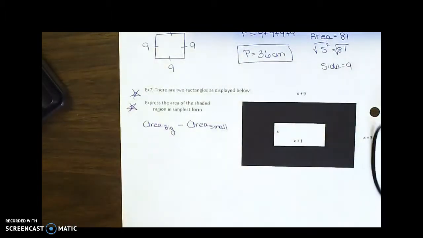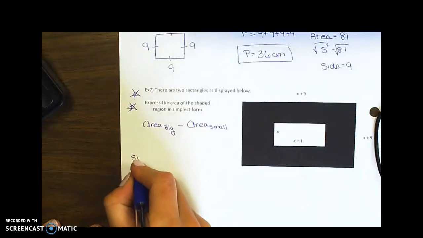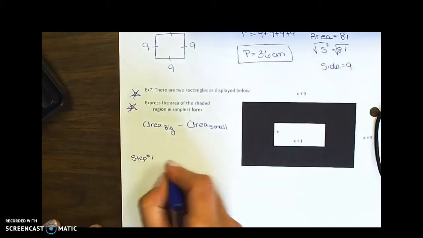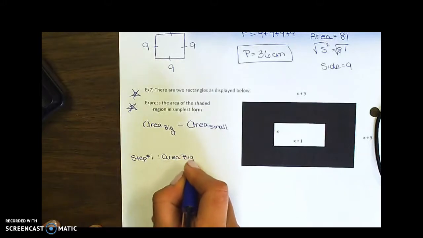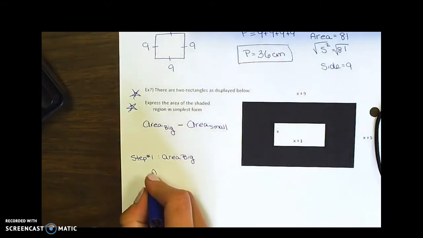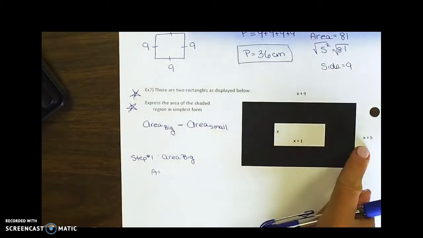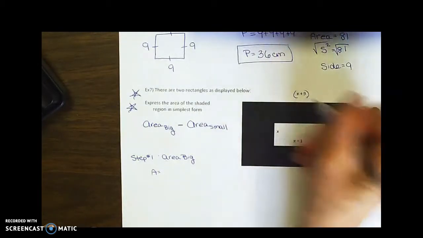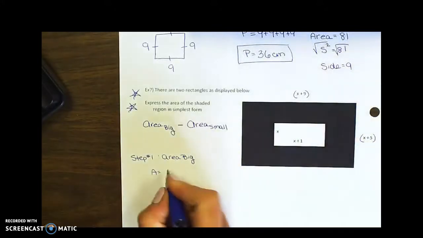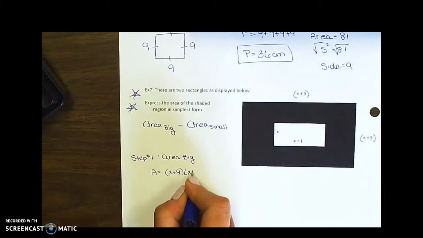All right, so we have to do 2 steps. Step 1 is going to be the area of the big rectangle. So the area is going to be equal to length times width. And if I look over here, my length and width are both binomials. So I put parentheses around them. So it's going to be x plus 9 times x plus 5.